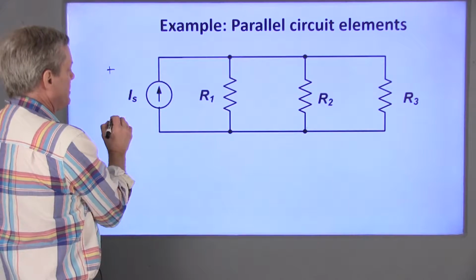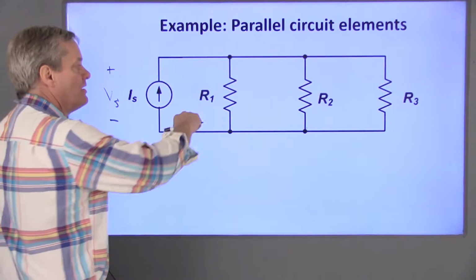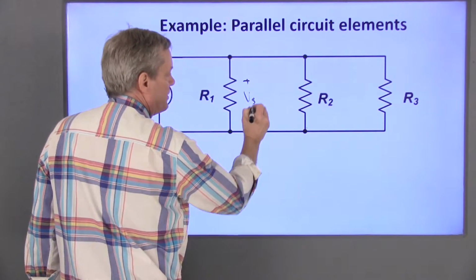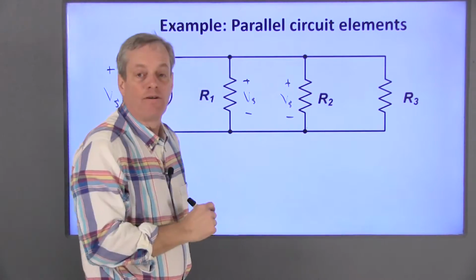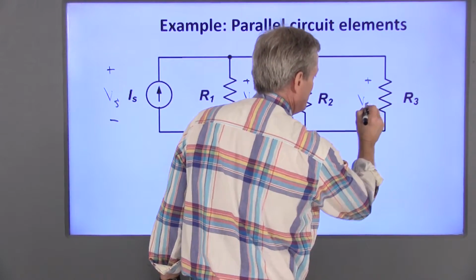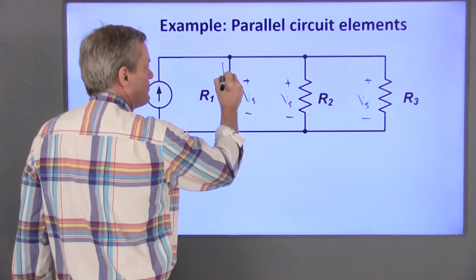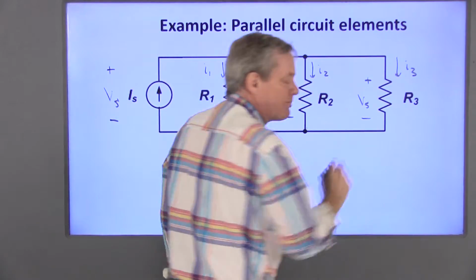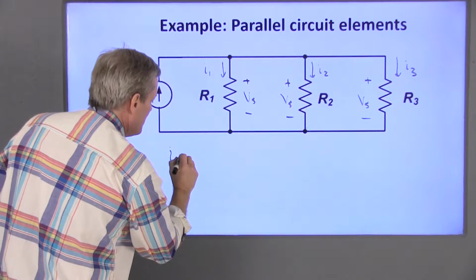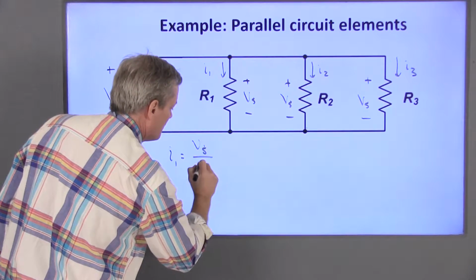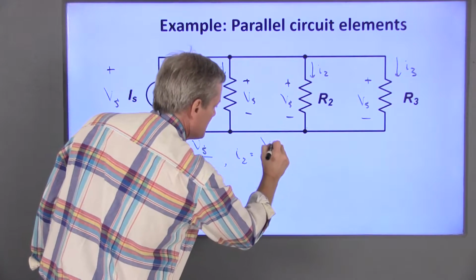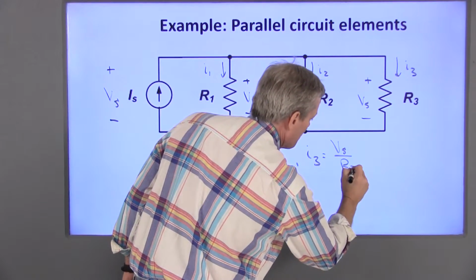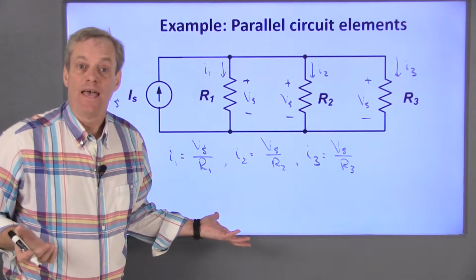If I call the voltage across this current source V sub S and then do KVL around any of these loops, I find out that these resistors all share the same voltage difference and they're all V sub S. Now if I define the currents through these resistors, say this is I1, this is I2, and this is I3, by Ohm's law, I1 is equal to V sub S over R1, I2 is V sub S over R2, and I3 is V sub S over R3. I can do pretty much all of this in my head.